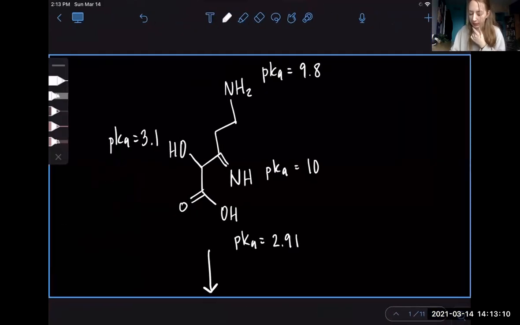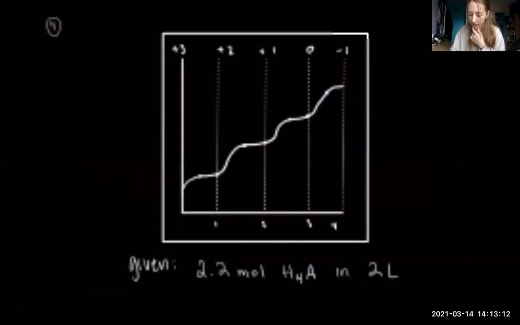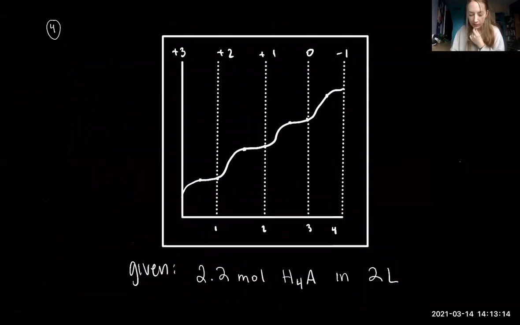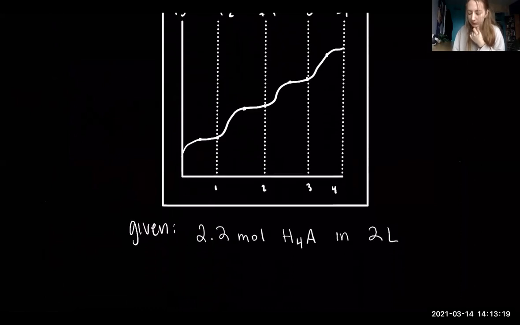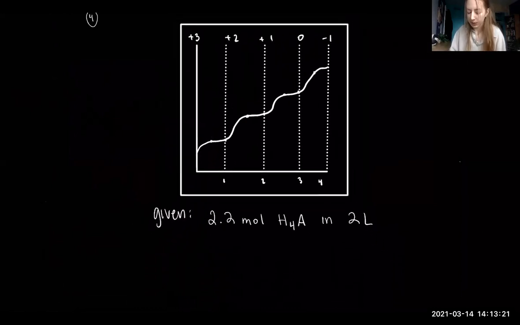I don't think I had anything on here for that. Maybe I did for number 4, right? Okay. So basically here, I set up an example so we can try to calculate it.